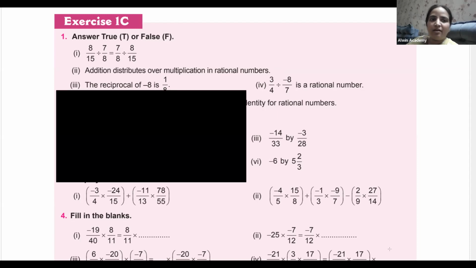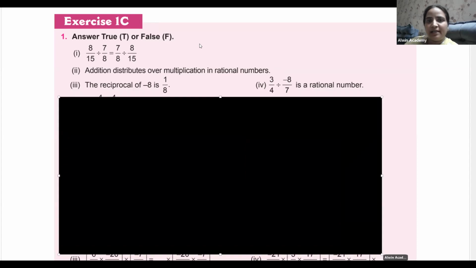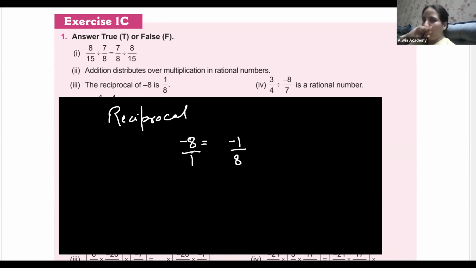Let's understand the third part. They are saying reciprocal of minus 8 is 1 by 8. So what is a reciprocal? Reciprocal is when you flip the number upside down. Minus 8, reciprocal would be minus 1 by 8.